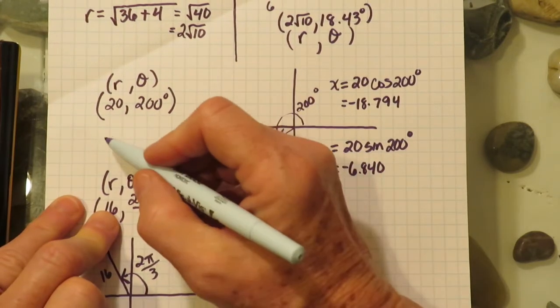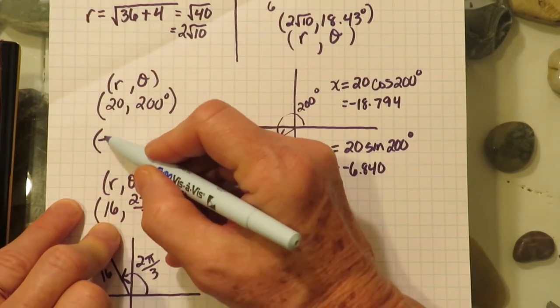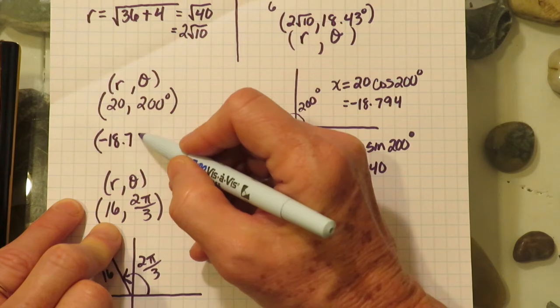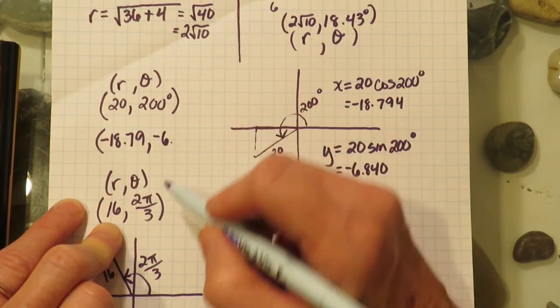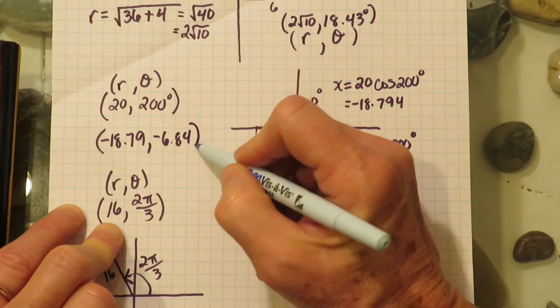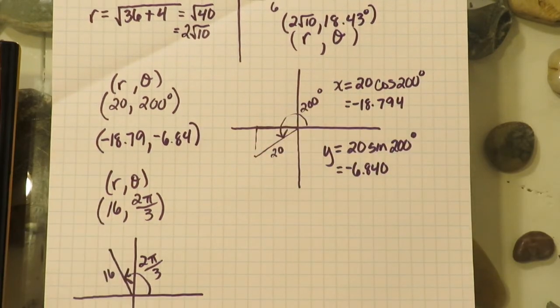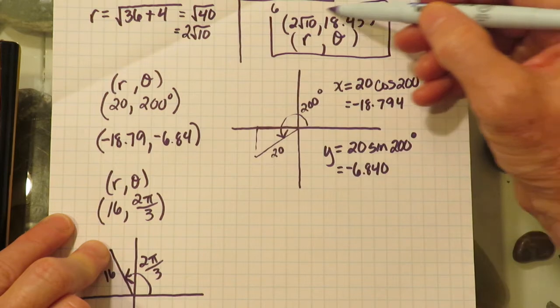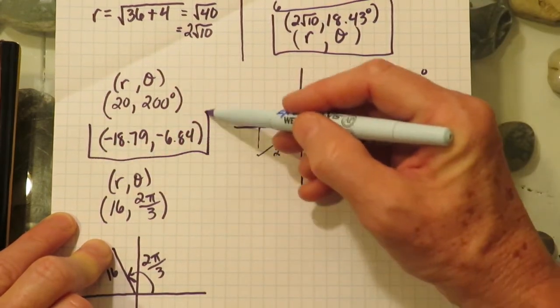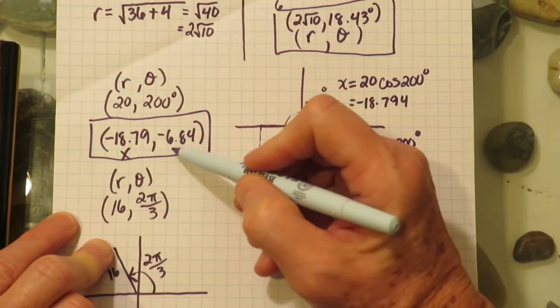And so my x and y then are negative 18.79, I'll round to the hundredths place, and then negative 6.84 for the y. So x and y, both negative because I'm in quadrant 3. So here's my first example answer, here's my second example answer, x, y.